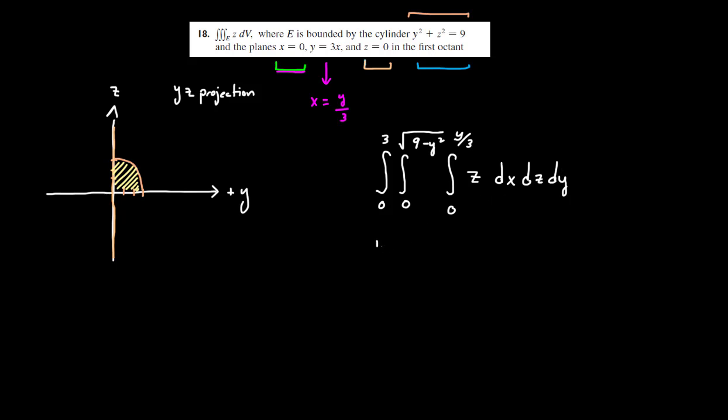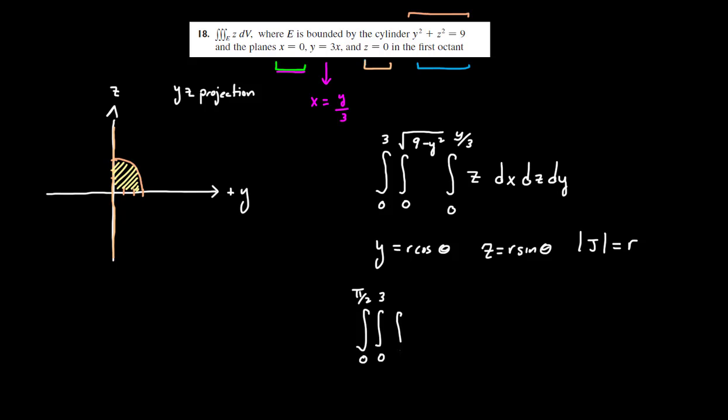We have a polar region here, so I'm going to let y equal r cosine theta, z equals r sine theta, technically x equals x, and then the Jacobian comes out to be just r. So let's adjust the bounds. Theta goes from 0 to pi over 2. r goes from 0 to 3.